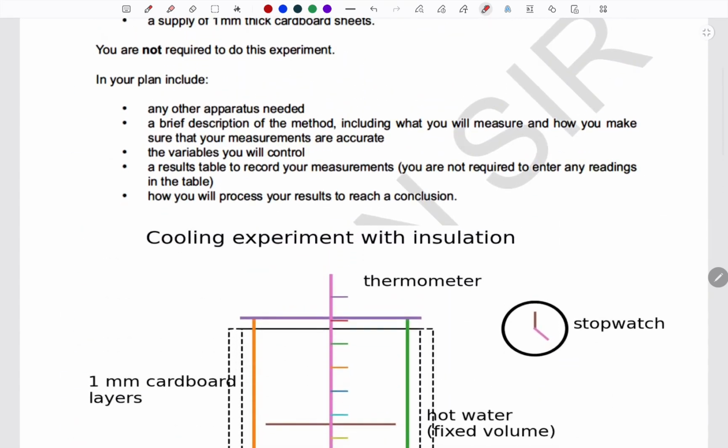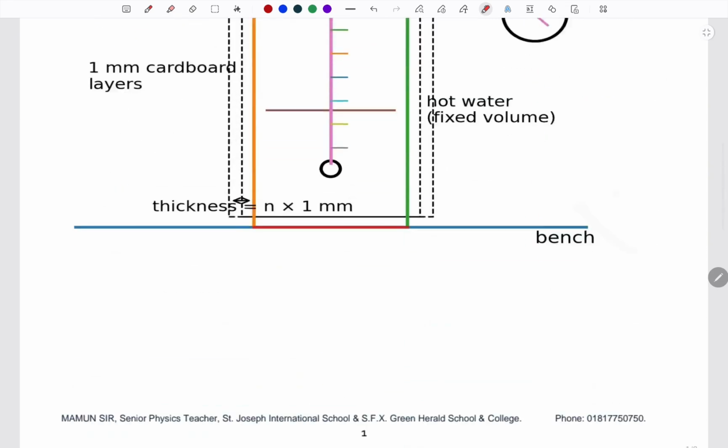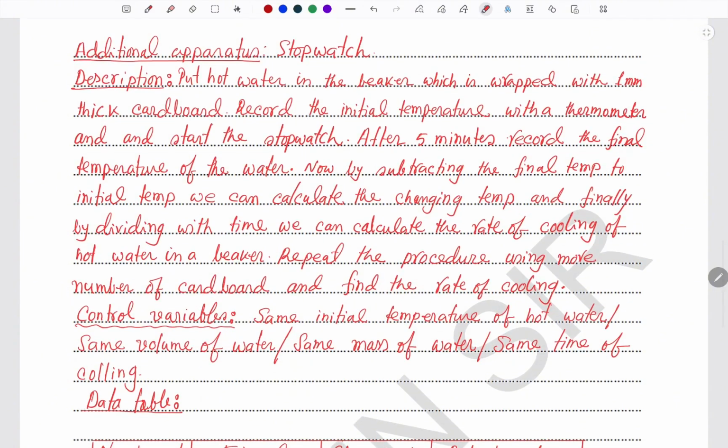Number 2, a brief description of the method, including what you will measure and how you make sure that your measurements are accurate. Description: put hot water in the beaker, which is wrapped with 1 millimeter thick cardboard, and then record the initial temperature with a thermometer and start the stopwatch.